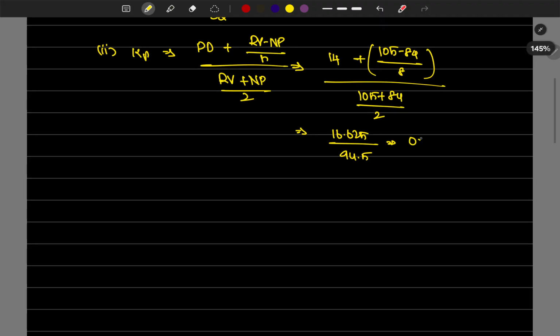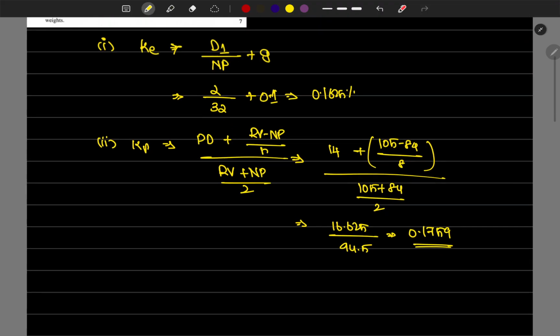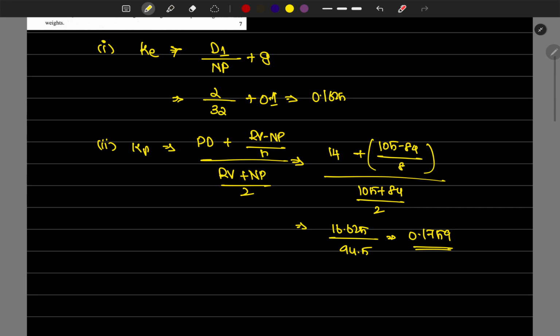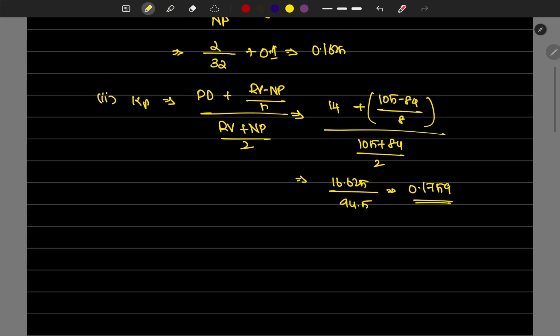This comes around 0.1759. These are not percentages, we are converting into decimals.